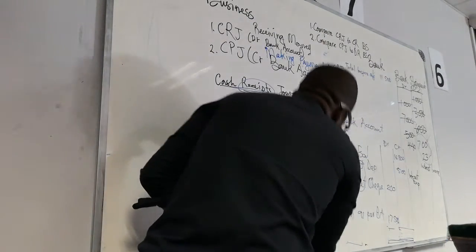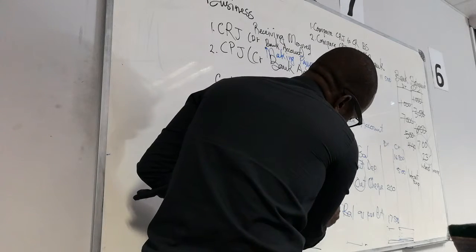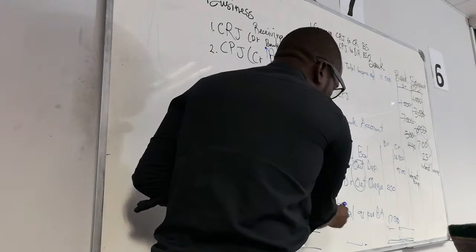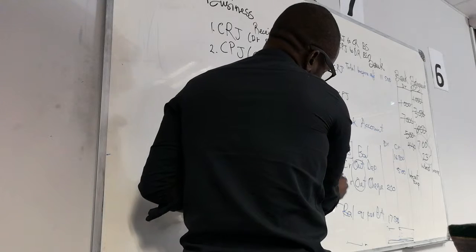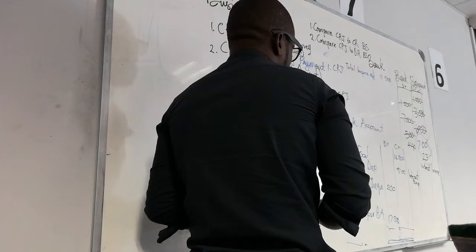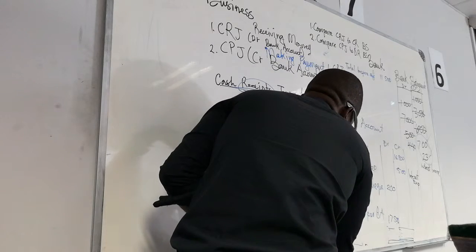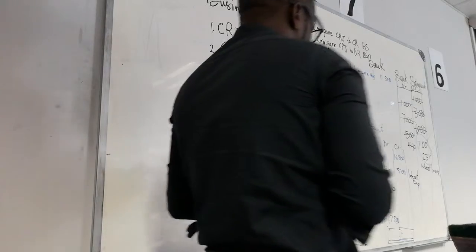Even when we come here, we are going to have 200, 1,000, 7,000, 444, and then 500. You add them together, how much do you get? 8,144, I believe. 244.